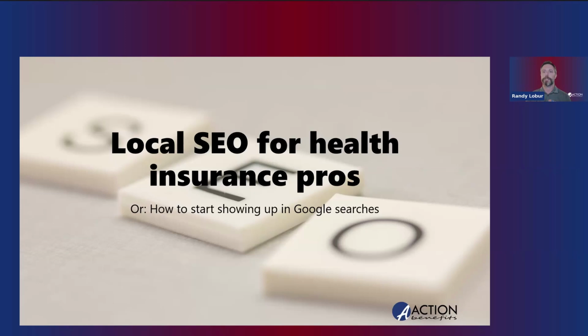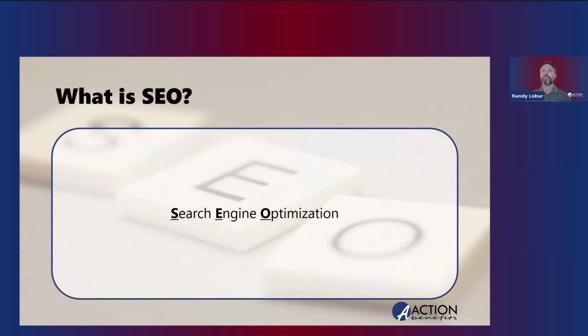So without any further ado, we are off to the races, ladies and gentlemen. And let's talk first about what is SEO. On the screen there, you see it outlined for you: search engine optimization. It is the practice of refining the entirety of your web presence. So your online profiles, like your Google, your Yelp, those sorts of things, your website, your social media.